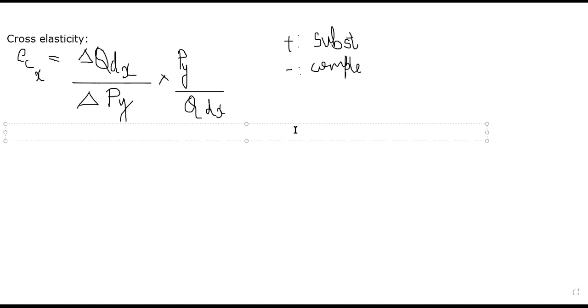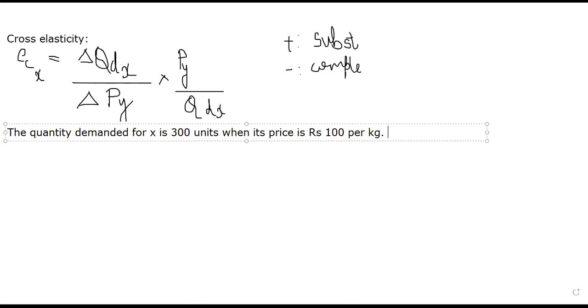We'll do a question, okay? The quantity demanded for X is 300 units when its price is rupees 100 per kg.